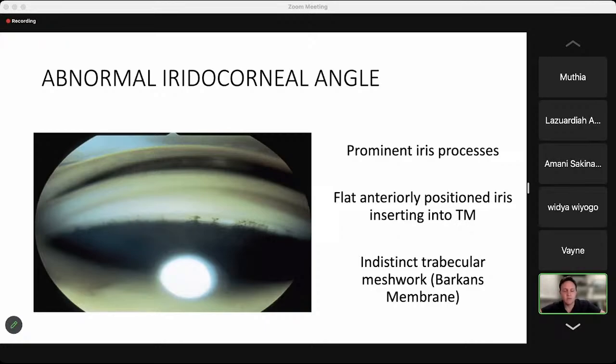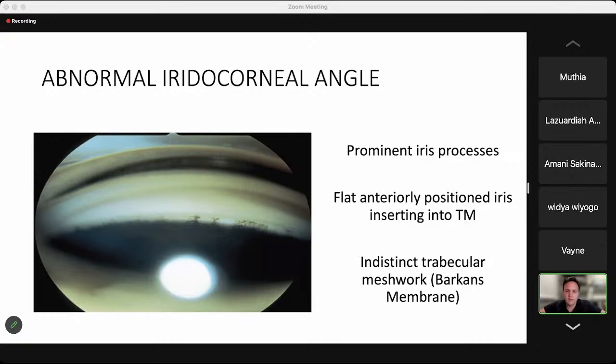But the things we're looking for is a fairly flat, anteriorly positioned iris that inserts into the trabecular meshwork, and an indistinct appearance to the trabecular meshwork, which is almost like a membrane across it, which has been coined Barkan's membrane. It's not necessarily a membrane there, but it just looks like that. And prominent iris processes can be a part of the picture as well.